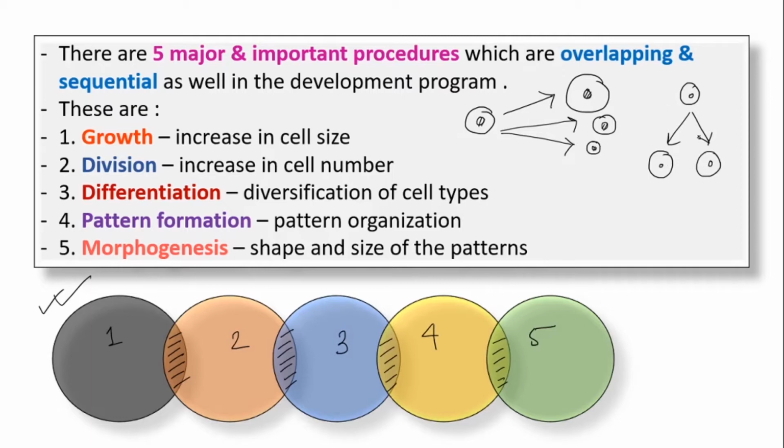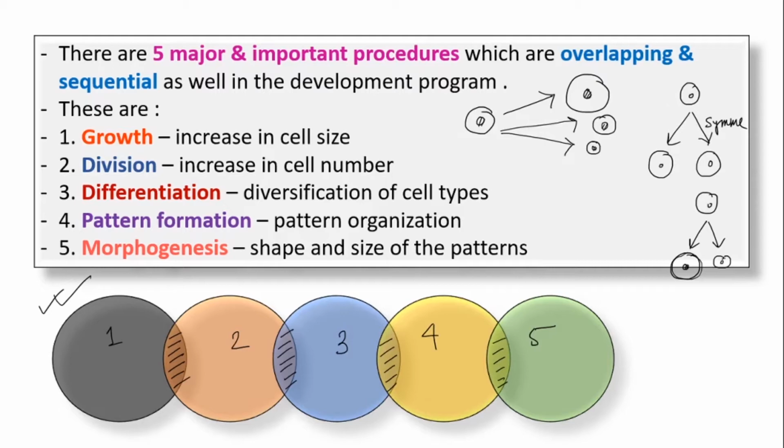And if this cell divides to form 2 cells, one is almost like this and the second one is very tiny, or their structural, functional or physiological difference can be observed, this kind of division is known as asymmetric division. And the third one is differentiation.